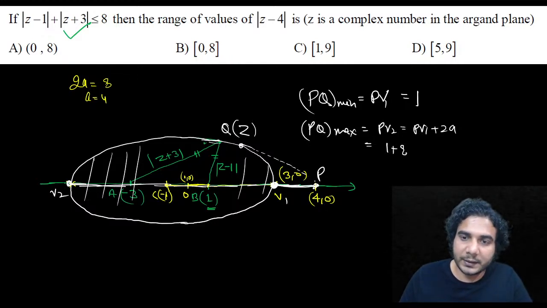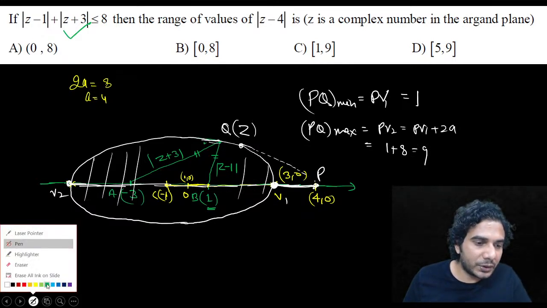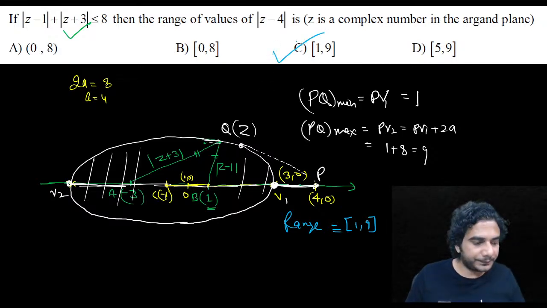So 1 plus 8 is going to be 9. So what is the answer? What is the range? The range is going to be 1 to 9. This is going to be the range. I hope it is clear.